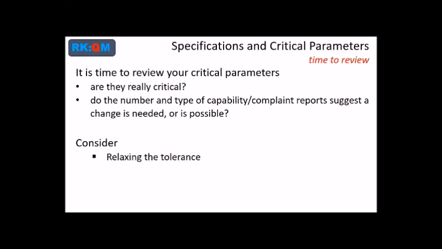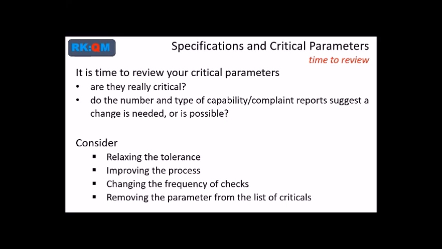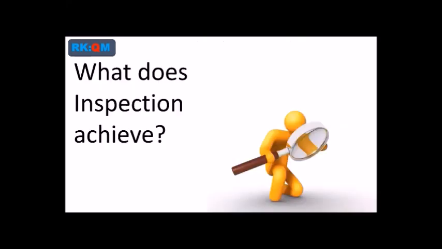Consider relaxing the tolerance, improving the process, changing the frequency of checks, removing the parameter from the list of criticals. Which brings us to our next associated topic. What does inspection achieve?